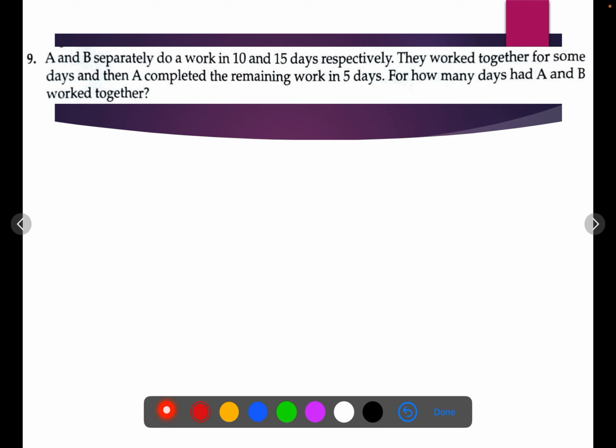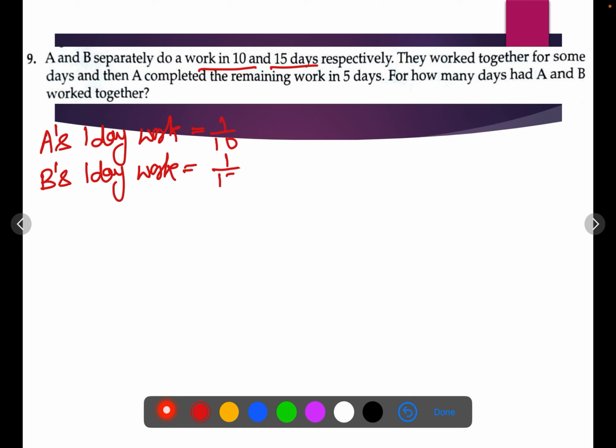So I have the number of days in which they have separately completed. So I can find out A's 1 day work, which is 1 upon 10, right? B's 1 day work, which is 1 upon 15.